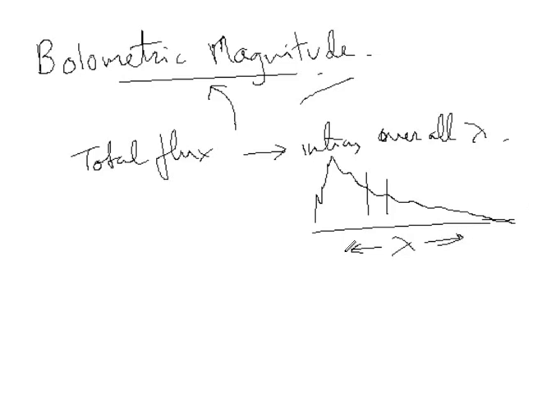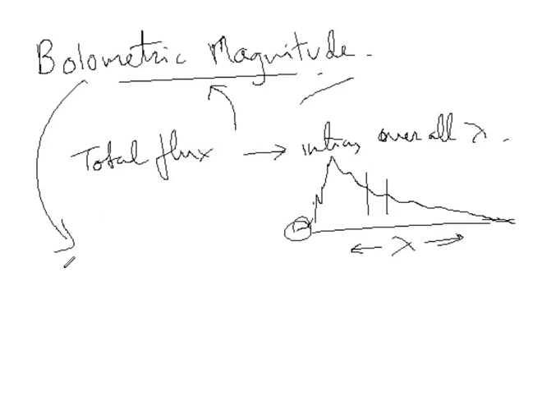Here you see, it is dying out in this case as well. Fine. What I want to say is, it is nearly impossible to observe and measure the entire spectrum of a star.